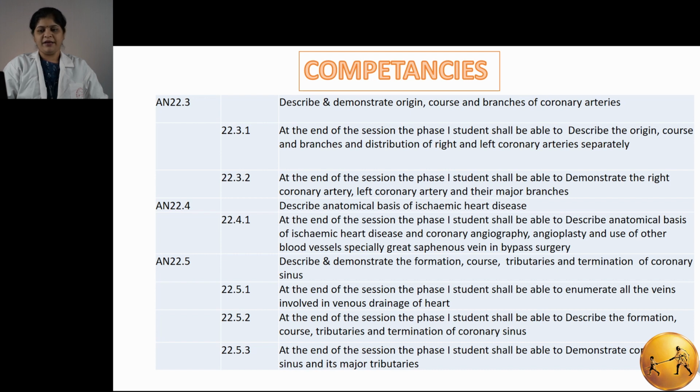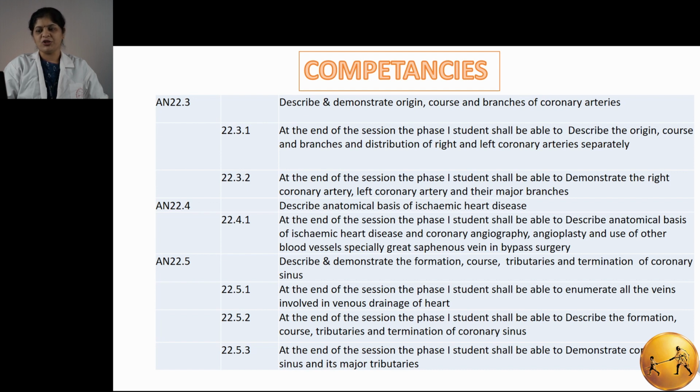Next competency is AN 22.5. It is describe and demonstrate the formation, course, tributaries and termination of coronary sinus. The SLOs under this competency are 22.5.1. At the end of the session, phase 1 student shall be able to enumerate all the veins involved in venous drainage of heart. 22.5.2.